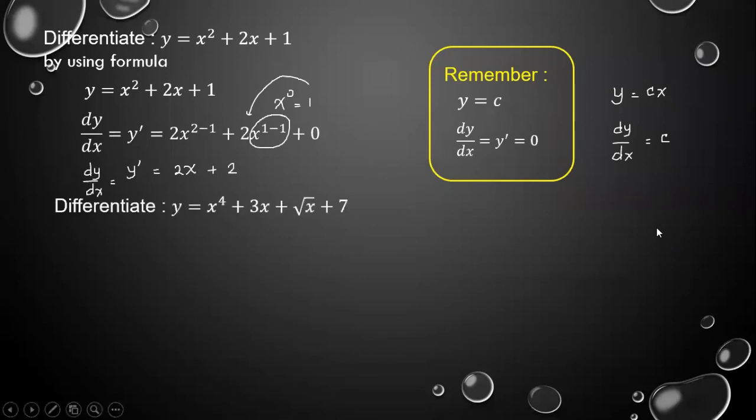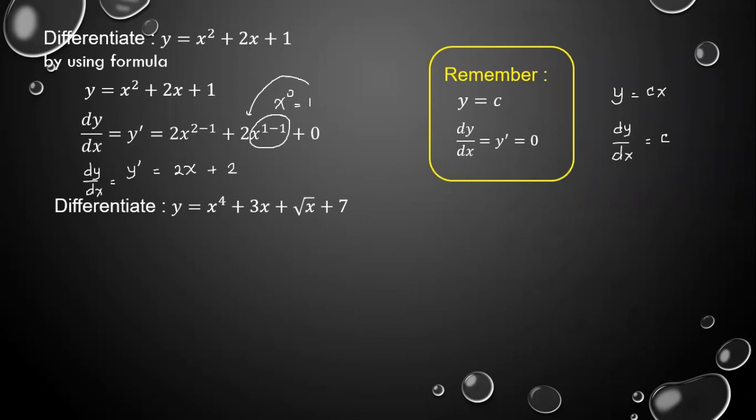Differentiate y equals x to the power 4 plus 3x plus root of x plus 7.